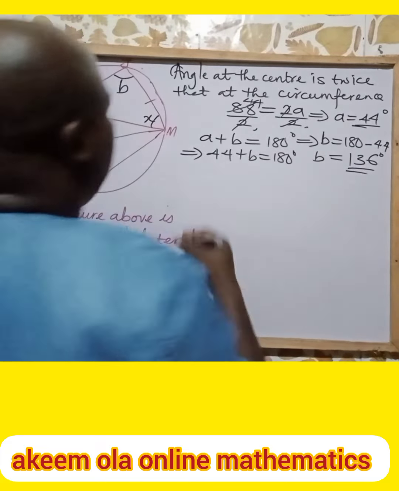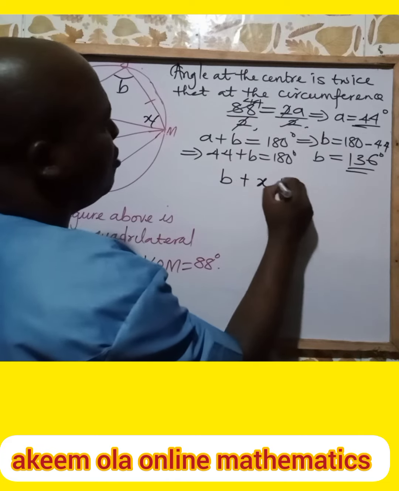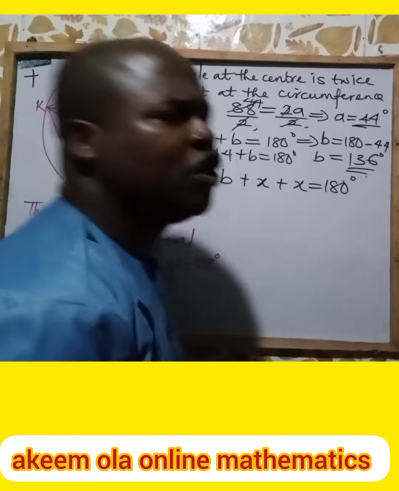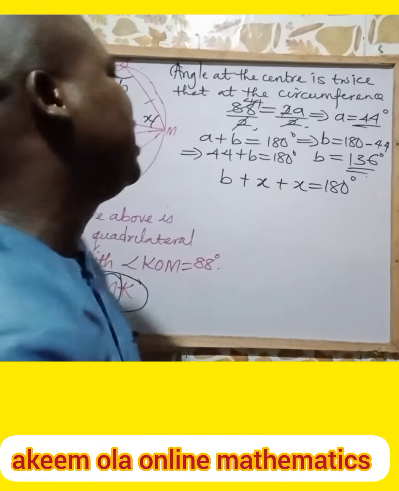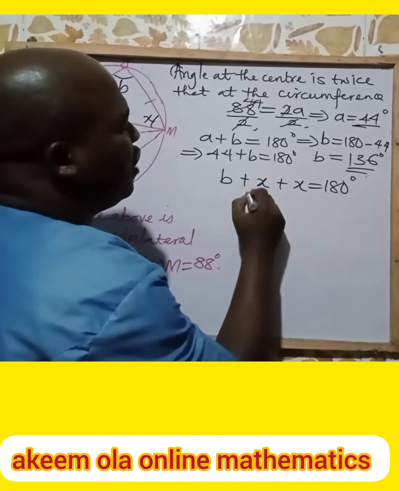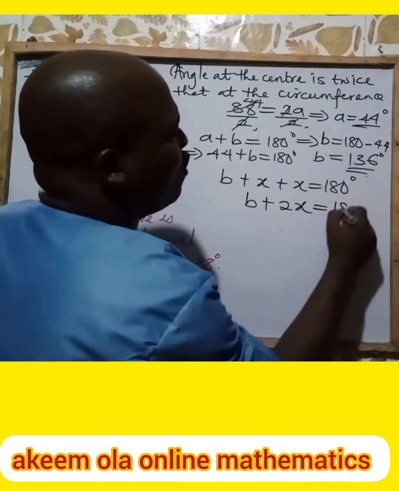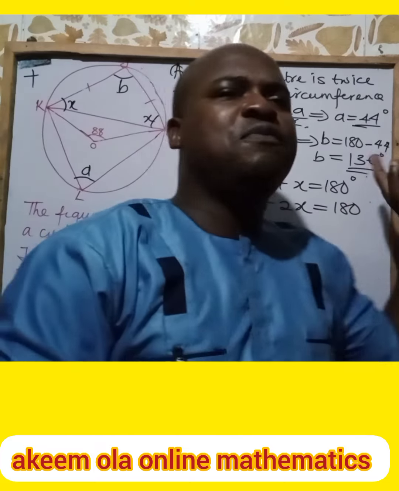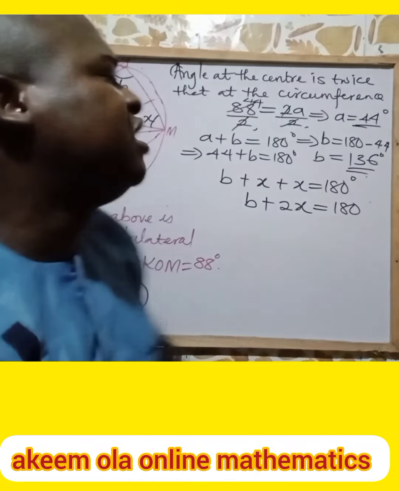That means I'm going to have B plus X plus X is equal to 180 degrees, because the sum of angles in a triangle is 180 degrees. So this gives us B plus 2X is equal to 180 degrees. But we have gotten the value of B, so we can just substitute the value of B into this equation.